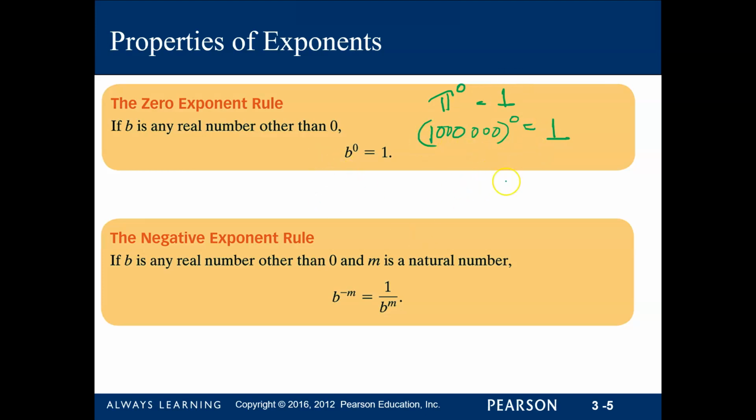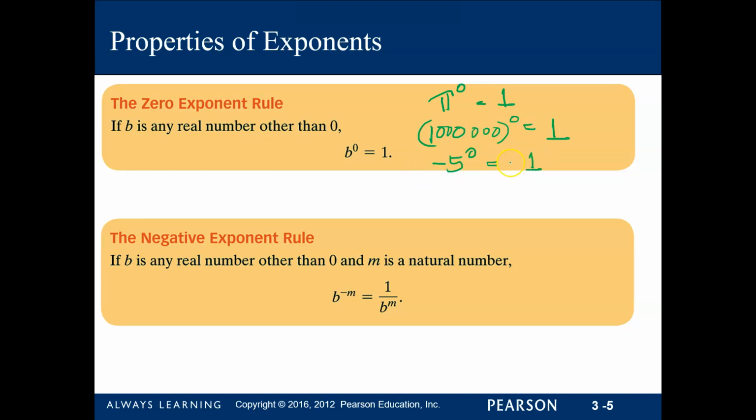Okay? Now, if we have negative 5 raised to the 0 power, okay? Again, be very careful. You have two different operations here. Multiply by negative 1 and the exponent 0. So by PEMDAS, we will work on the 0 exponent first. So 5 to the 0 power is going to be 1.